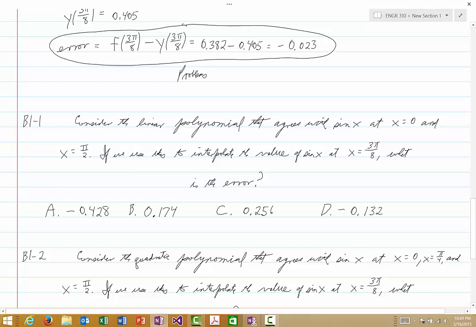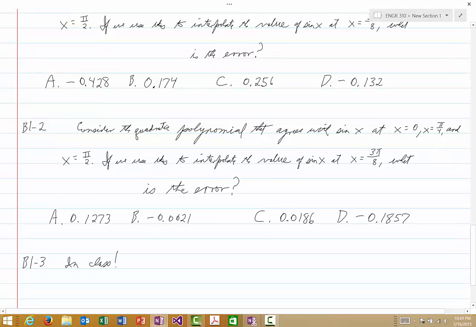So problem B1-1 says, consider the linear polynomial that agrees with sine x at x equals 0 and x equals pi over 2. If we use this to interpolate the value of sine x at x equals 3 pi over 8, what is the error? And you have these four choices here. A is minus 0.428, B is 0.174, C is 0.256, and D is minus 0.132.